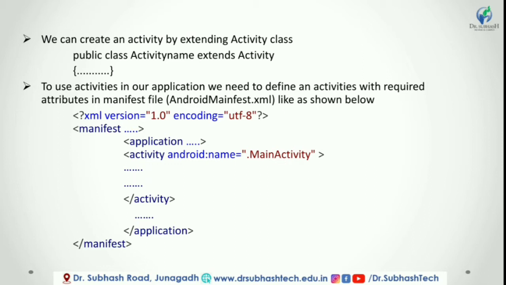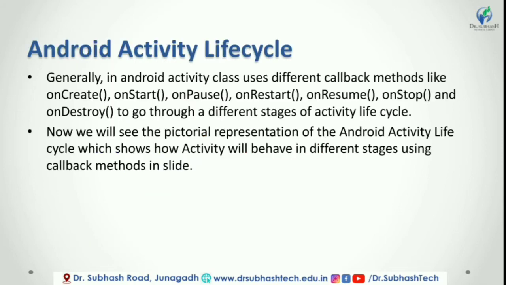Now we will see the next topic, the Android activity lifecycle. Generally in Android, the activity class uses different callback methods like onCreate, onStart, onPause, onRestart, onResume, onStop, and onDestroy to go through different stages of the activity lifecycle.